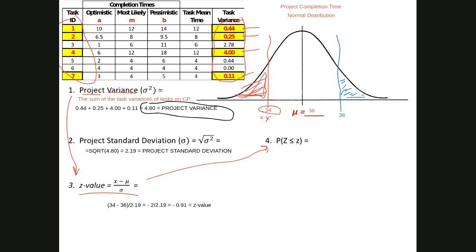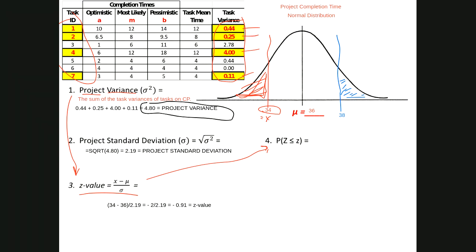Well, that's the same as the probability that z is greater than positive 0.91.